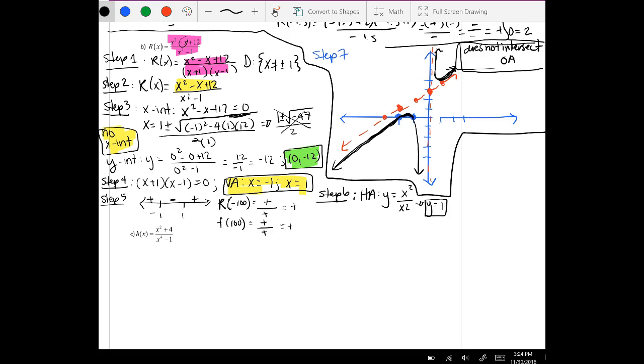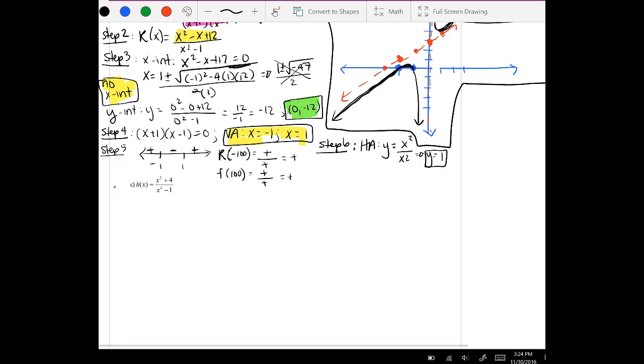Step 7, you are to graph it all by hand, my lovely students. So here we go. All right, let's see. I have a negative 1 VA, a positive 1 VA. So let's graph those out first. Let me do some more tick marks, okay? I have 12 on the bottom, so I'm just going to go 1, 2, 3, 4, 5, 6, 7, 8, 9.